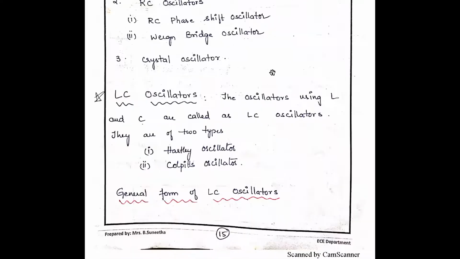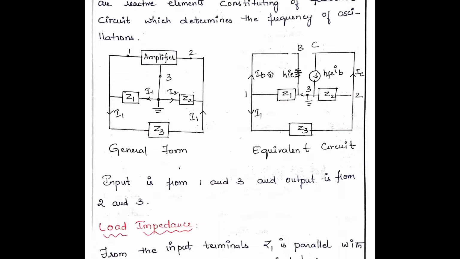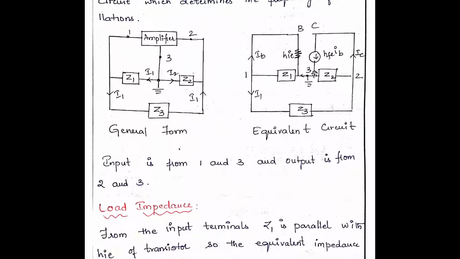So to check the condition mod A beta equal to 1, what we are doing is, we are first finding the load impedance. After finding the load impedance, it becomes very easy to find A. Then we will find beta, then we will do A beta equal to 1, and whatever condition we get will be the condition for sustained oscillations.